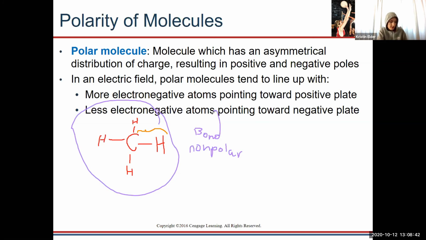I think it's going to be non-polar, right? That's right. Because all of the bonds on it are non-polar, so they're not going to have an effect on it at all. So it is going to have no polarity. You're not going to have a distribution of charges.